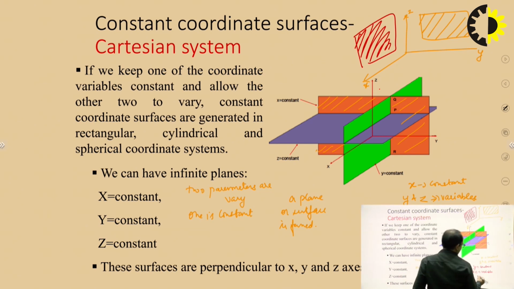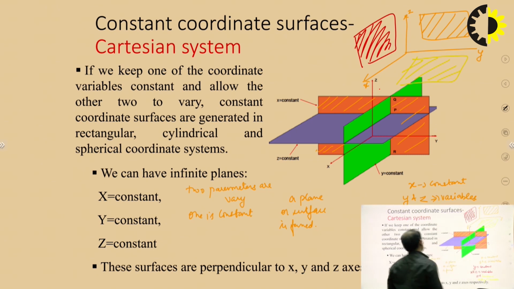And if z is constant and x and y vary, this plane will be formed in the xy plane. Clear?